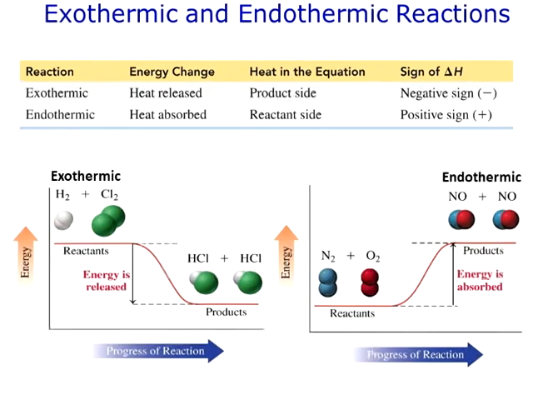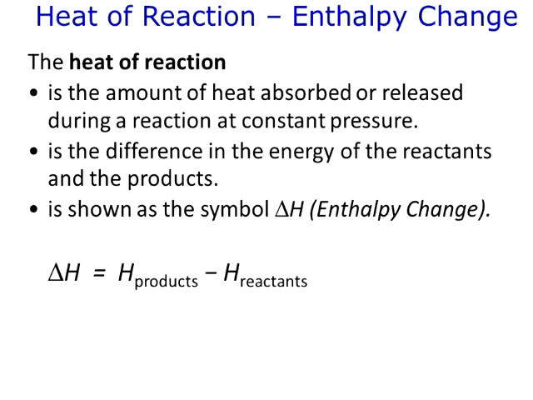We note also that heat absorbed by the system is endothermic, is positive, and heat released to the surroundings is exothermic. Delta H can be calculated by taking the H of the products minus H of the reactants.